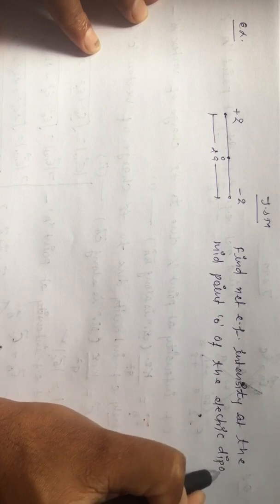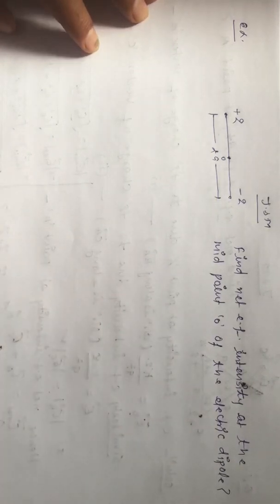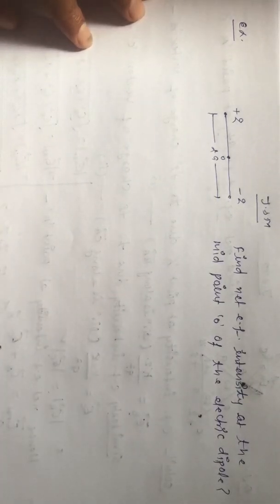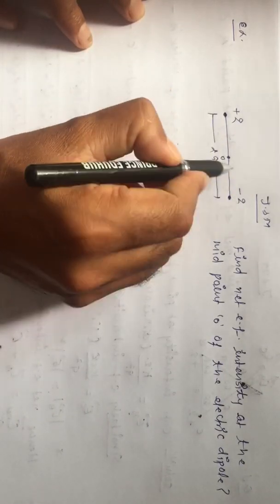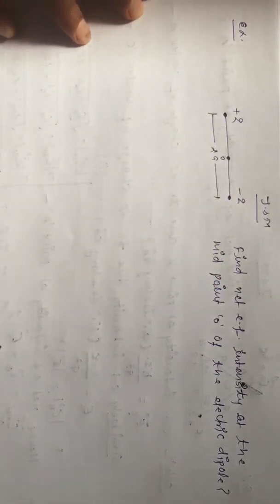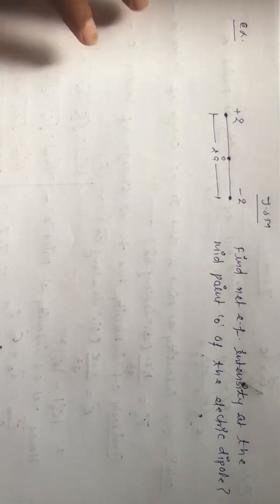What an electric dipole is, we will discuss in the last portion of the chapter. For now, understand that you have to find the electric field intensity at midpoint O.